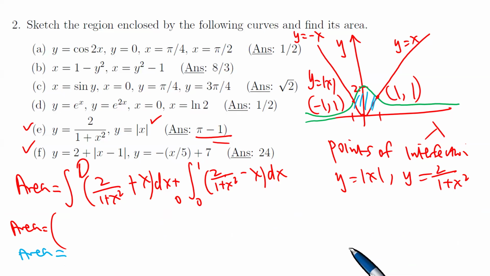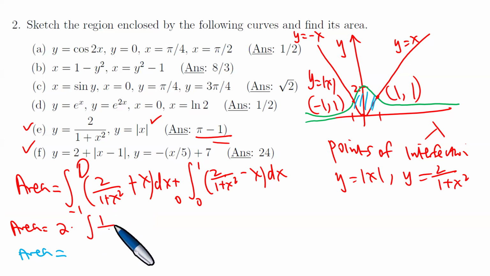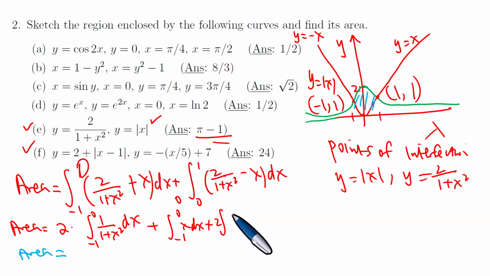So look, in the end, if you integrate the 2 over these, it's going to be 2 times the integral of 1 over 1 plus x squared dx from minus 1 to 0, plus the integral of x dx from minus 1 to 0, plus 2 times the integral of 1 over 1 plus x squared dx from 0 to 1, minus the integral of x dx from 0 to 1.